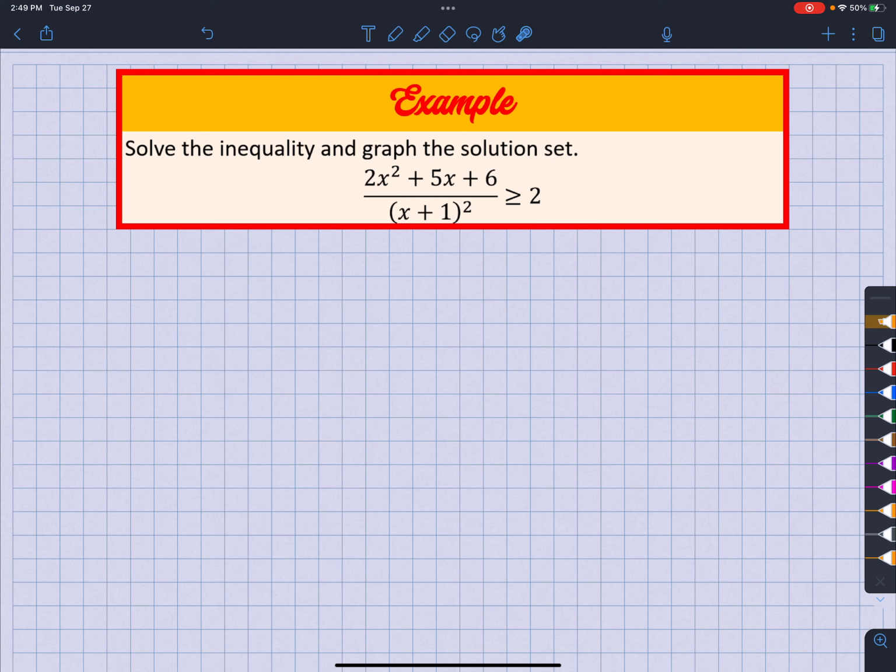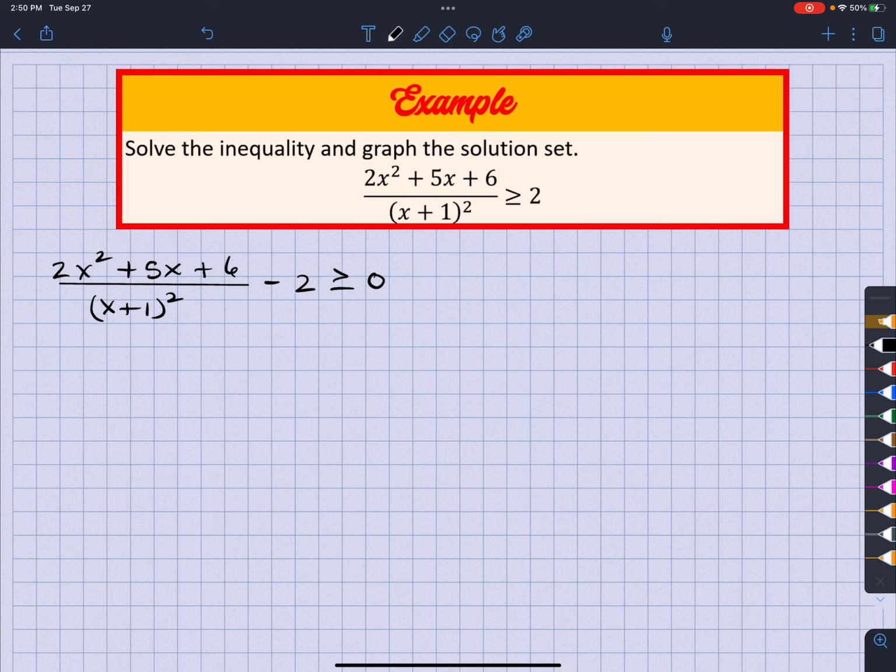If I want to just look at above the x-axis or below the x-axis, what I should do is bring everything to one side. So really what I should do is say, okay, I got 2x squared plus 5x plus 6 over x plus 1 squared, minus 2, is greater than or equal to 0.